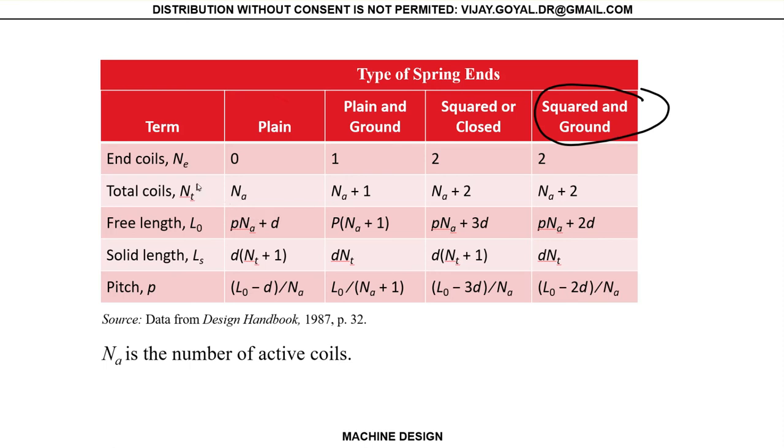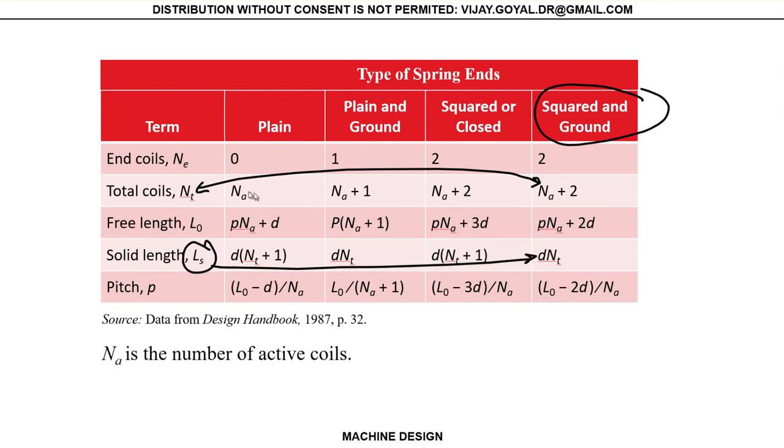So if I want a total number of coils, it's actually given by this. See, if this was the case I was working with. And if I have the total number of coils, you see I can find my solid length. It's given by this. If I wanted to know what my free length is, it is related by this equation. The pitch is given by this equation.